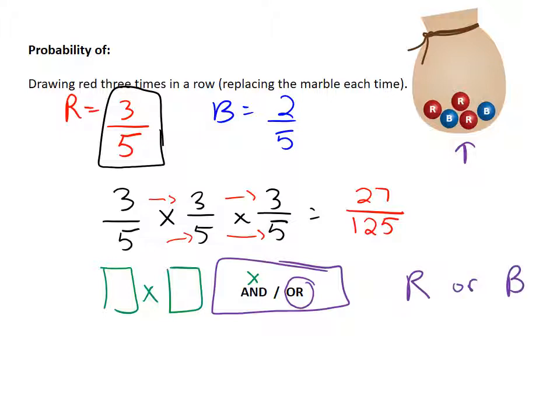Well, the odds of drawing red is 3/5, and the odds of drawing blue is 2/5. And because you've said "or", it doesn't really matter which one or the other. And so in this case, we can add those odds and say, well, the odds of drawing either one of those colors is 100%, because that's all that's in there.